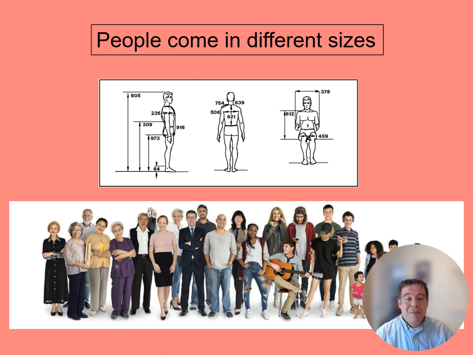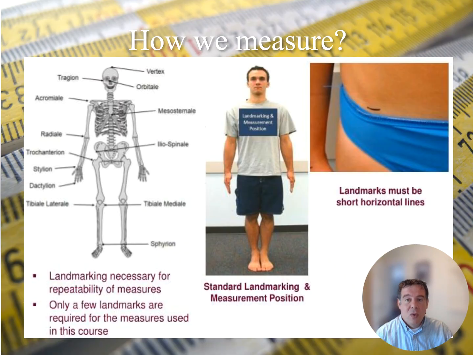So we all come in different sizes, right? And so that's why we need to take these measurements and determine the average, which is usually what we're really focusing on. So usually how we measure is by these landmarks. There are lots of landmarks that they use for human measurements, depending on what you're measuring and who's measuring it.